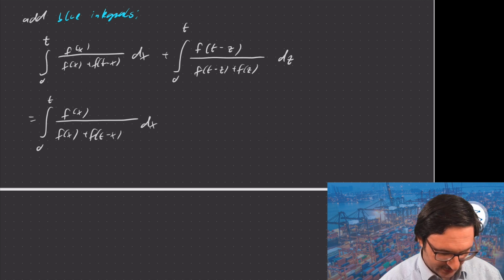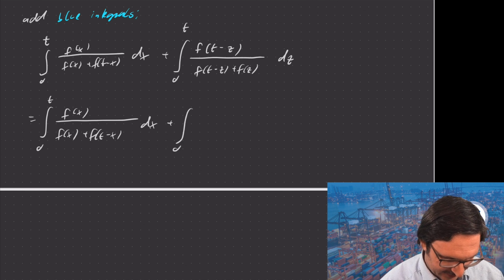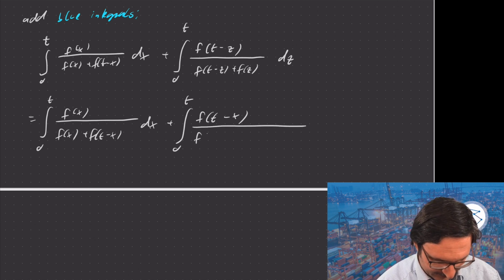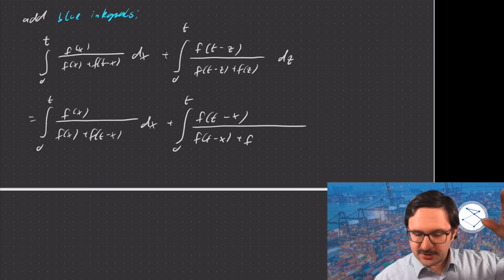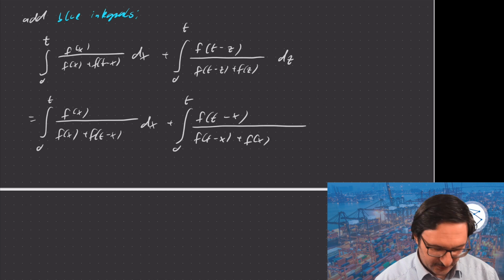We let the first one use x, and then the second one we rename that to x as well. So we kind of forget the relation between z and x. We took care of that substitution by changing the bounds of the integral accordingly, so we don't really have to remember what we did there anymore.